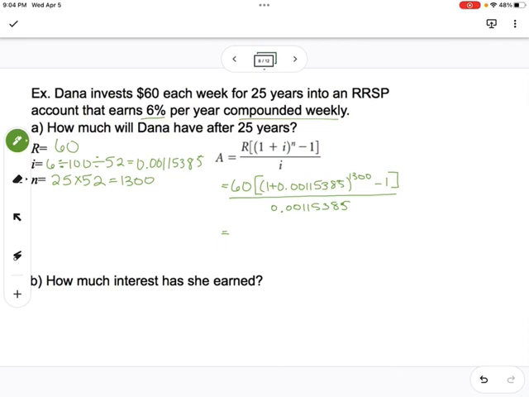Okay, so we're going to get $180,846.96.